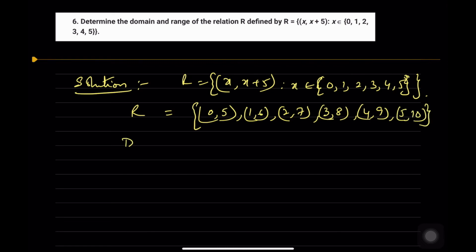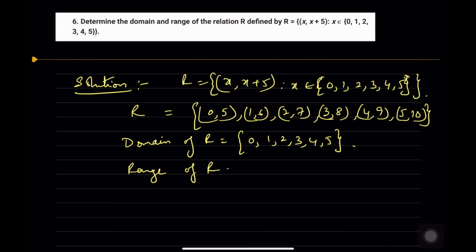So here you can very clearly see the domain of R. Domain of R is the set of all 0, 1, 2, 3, 4 and 5. And the range of R is equal to 5, 6, 7, 8, 9 and 10.